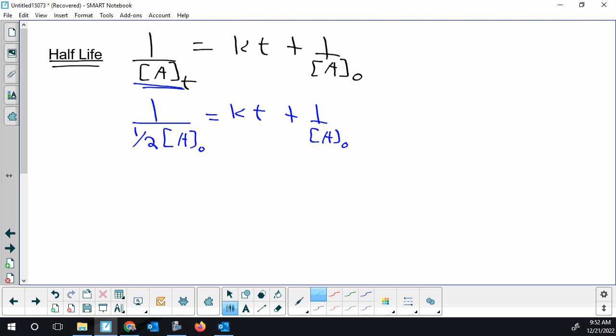Now I'm just going to collect our original concentrations and solve for T. I'm getting rid of that inverse half, which is just 2. Then I'm going to do a second algebraic step. I'm going to take this plus 1 over A concentration originally and move it to the other side, so we get minus.